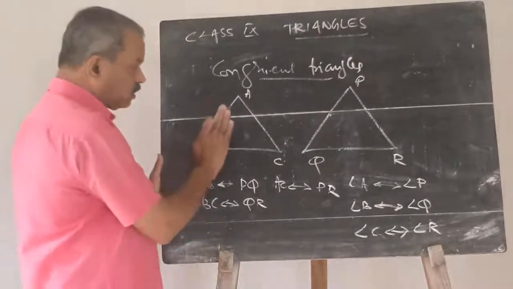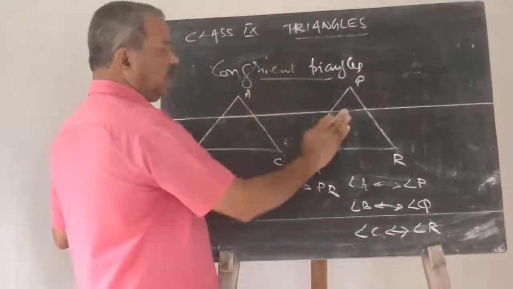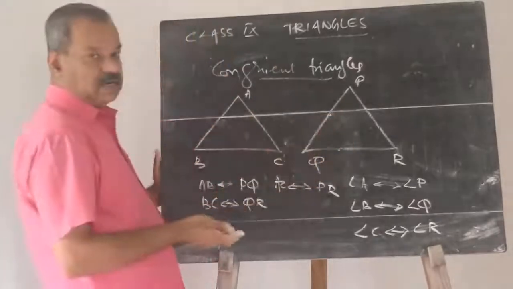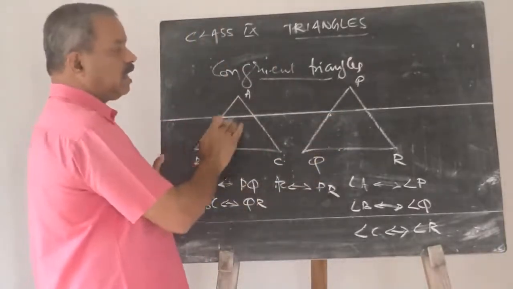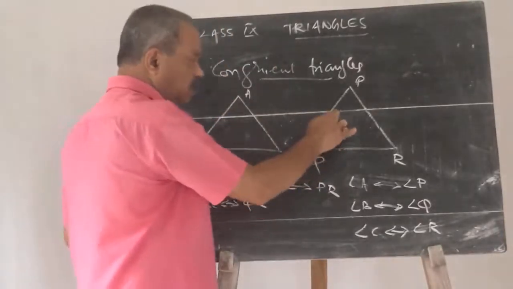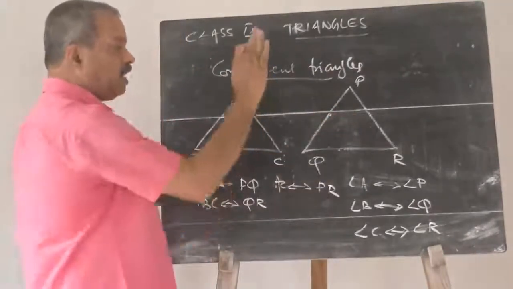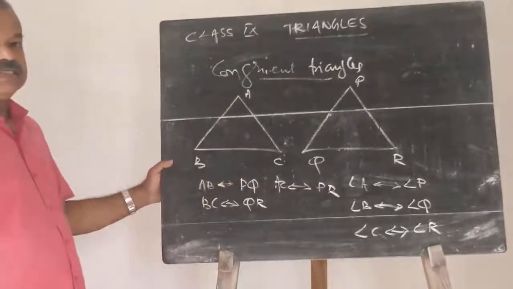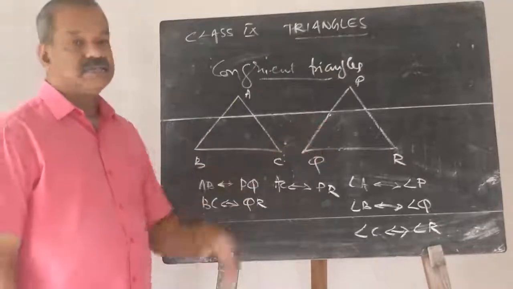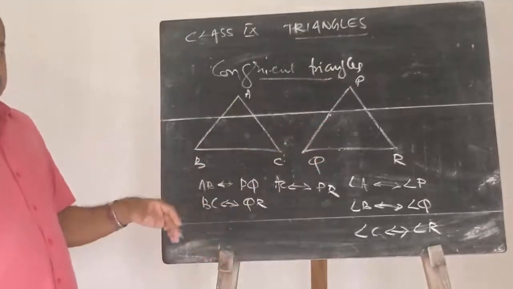That is, if all the three sides and three angles of one triangle are equal to the three corresponding sides and three corresponding angles of the other, in that case we say that the triangles are congruent.